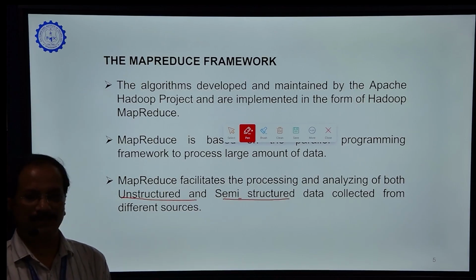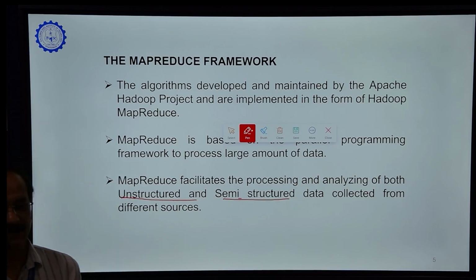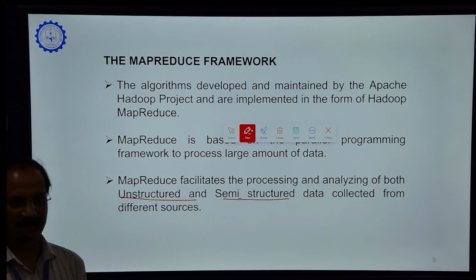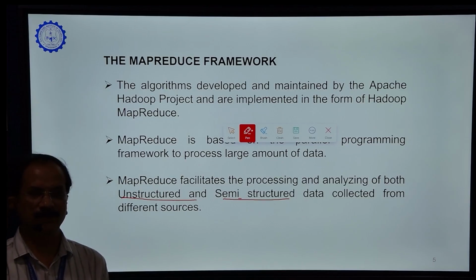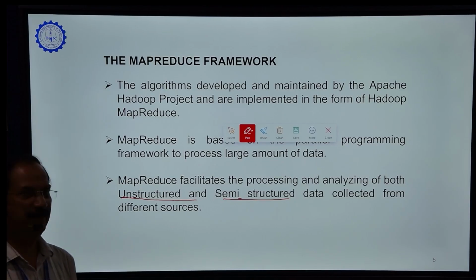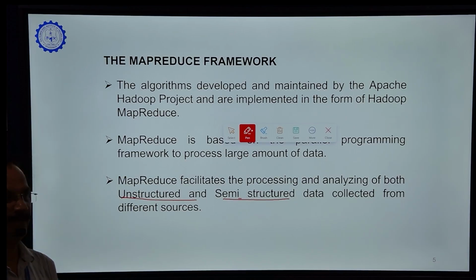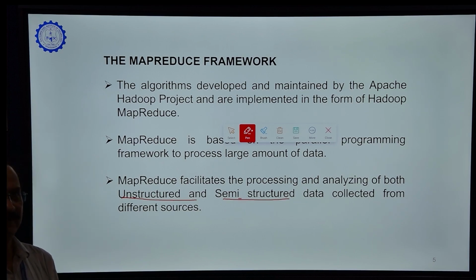Unstructured data you can say is data that comes from, for example, Facebook data, video, audio, sensors, different smart watches or smart machines, where the data is generated with no particular format.